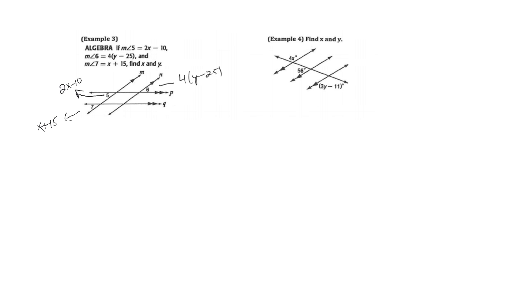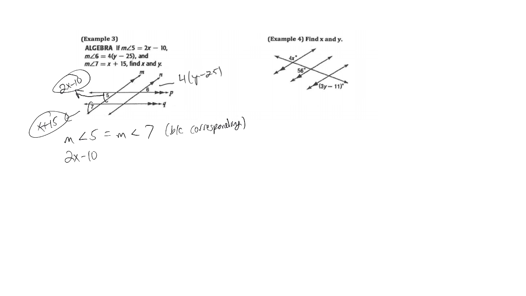Now we're going to use the facts. The measure of angle 5 is equal to the measure of angle 7 because they're corresponding, so we can set their expressions equal to each other.